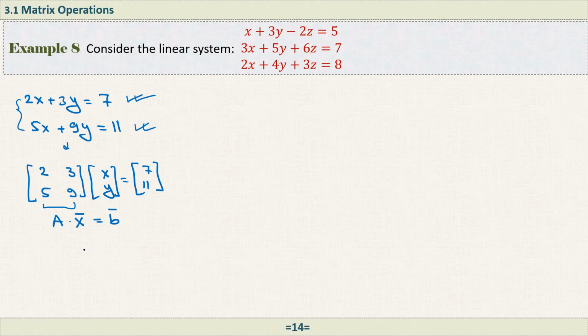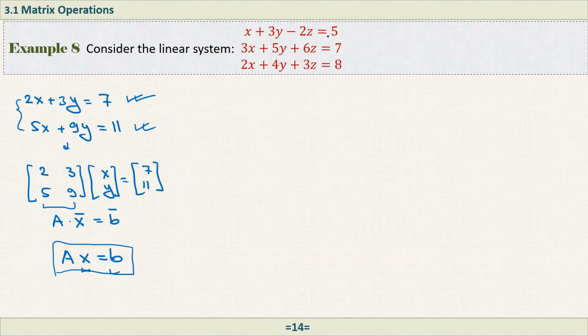So in very compact form, I can just write it as A X equals B. Here I'm not writing the cap, but from the context you can see that these are vectors. So A times X equals B. As you see here, a big system of linear equations in a very compact form, I can just write as A times X equals B.